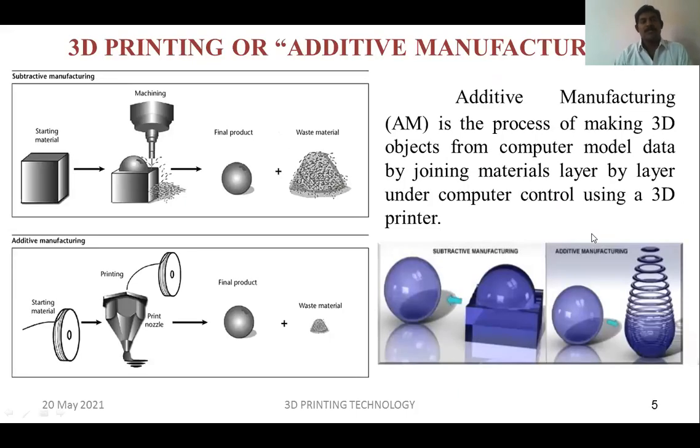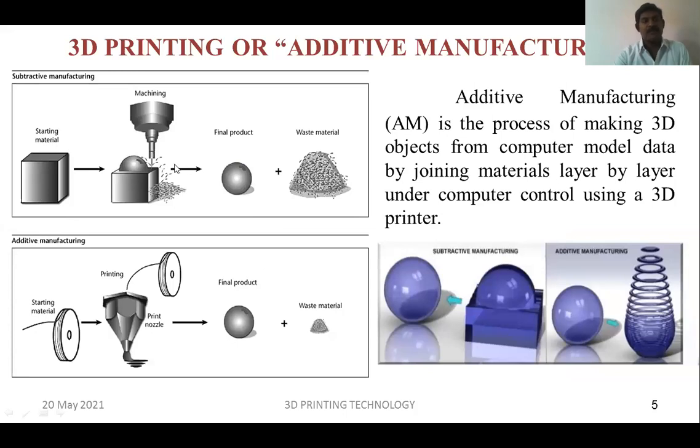Now we're going to see what is meant by 3D printing. The other name of 3D printing is additive manufacturing. In manufacturing, it consists of two major categories. The first one is subtractive manufacturing, and the second one is additive manufacturing. So two manufacturing types are available.